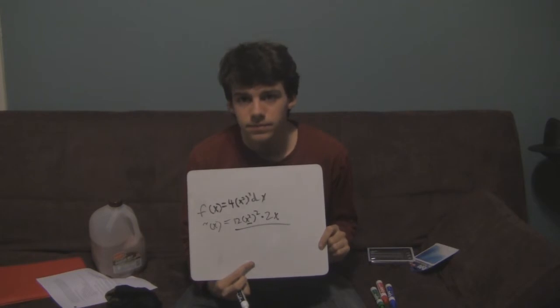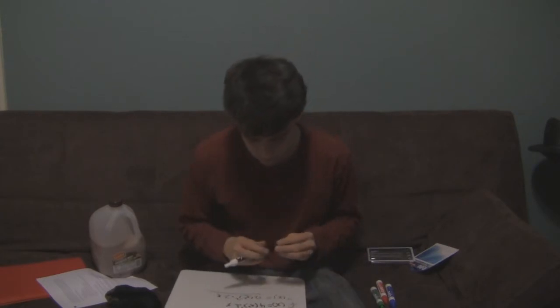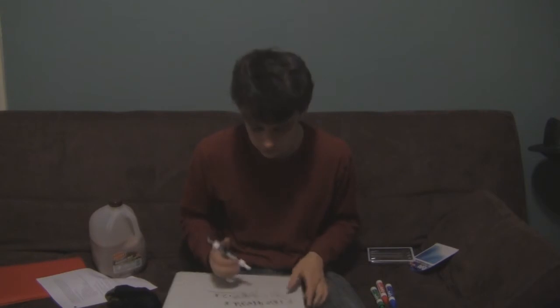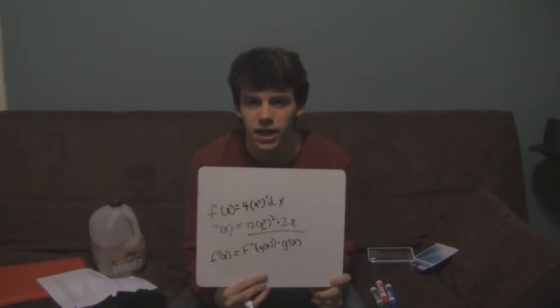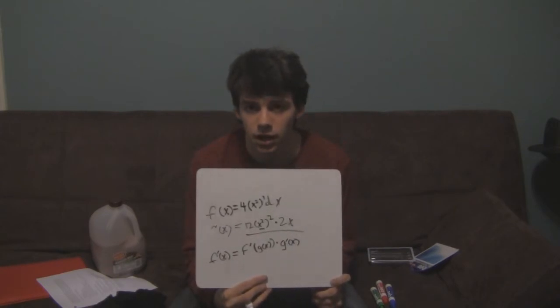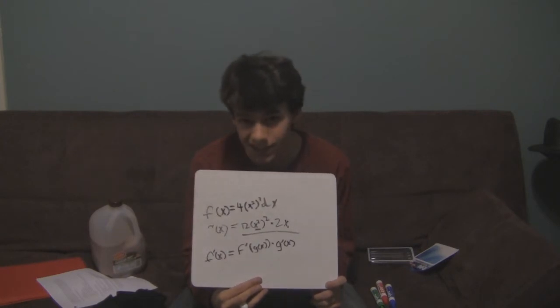So the overall rule for this is pretty confusing. It just kind of clicks and then it's really easy, but it's hard to explain. So the overlying rule for this would be f prime of g of x times g prime of x.